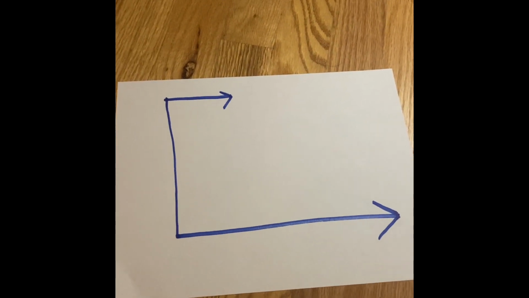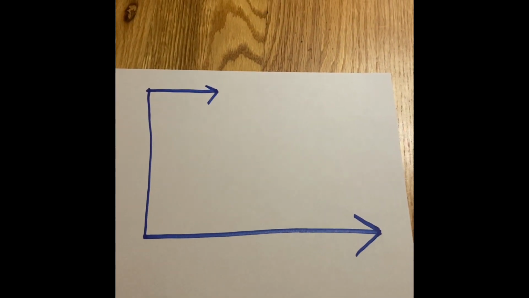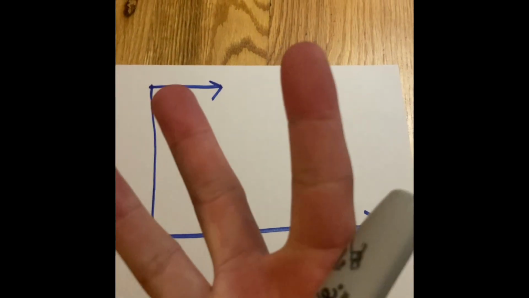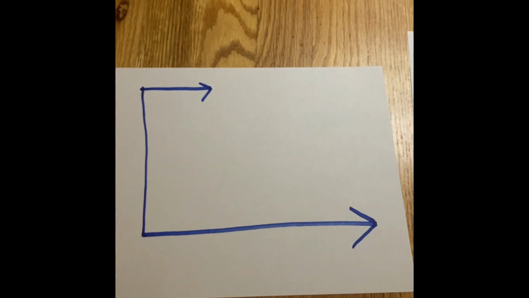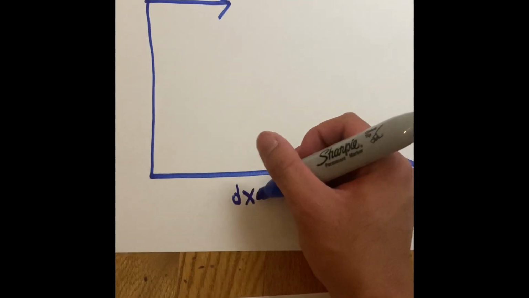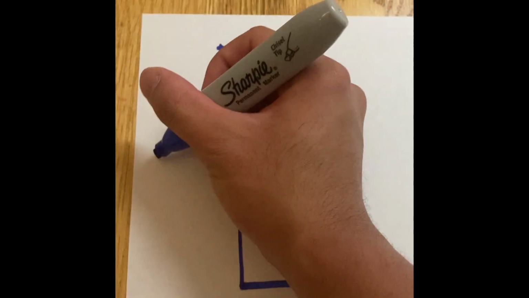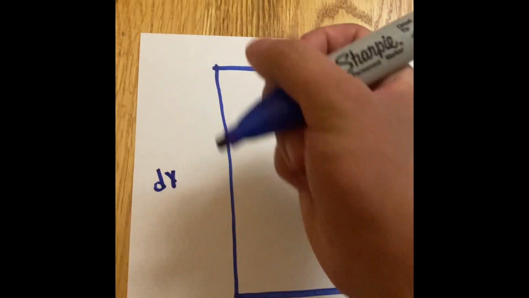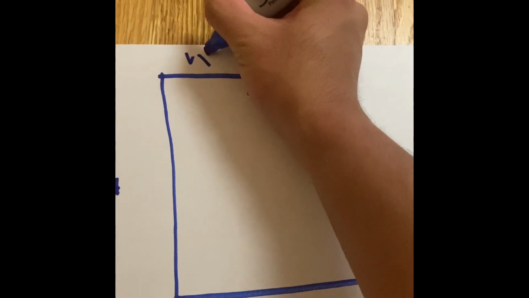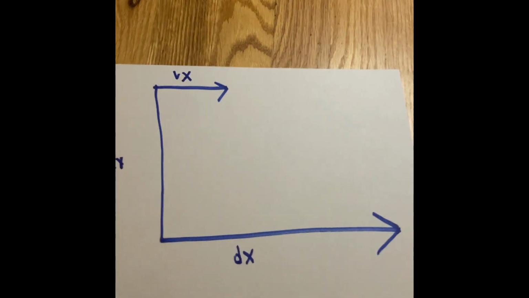What we are going to do is not actually put information on graphs or coordinate planes. Here's what's going to happen. There are three pieces of information that we need to solve this problem. We have our dx, the distance on the horizontal x-axis, our dy, the distance on the vertical y-axis, and our vx, measuring how fast the object is going on the horizontal x-axis.